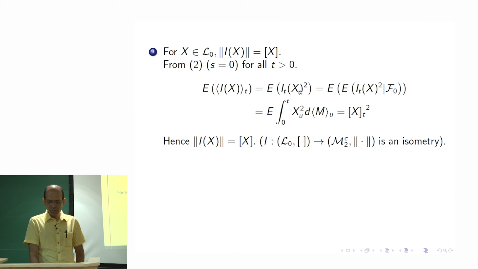For every n, this is true, where n is an integer 1, 2, 3, and the definition of the norm of Ix is based on these values for every integer 1 up to n. Then we take the minimum of that with 1, divide by 2 to the n, and sum over all possible n to get this norm. So if these match for each and every t, these two norms would be equal.